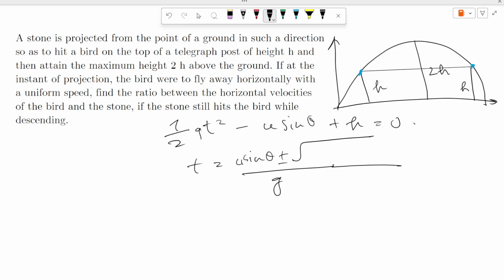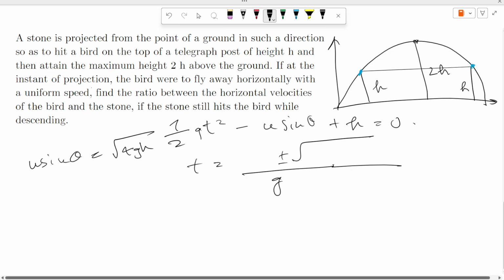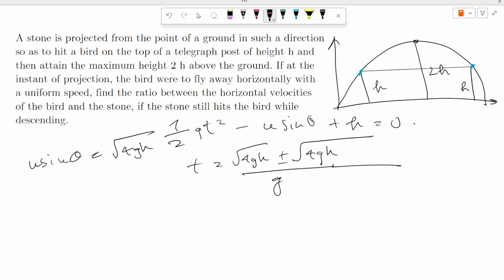So we know that this is the maximum height that it reaches. So u sine theta can just be written as root 4gh, right? So it becomes root 4gh, and it becomes 4gh minus 2 into 2gh, minus 2gh.